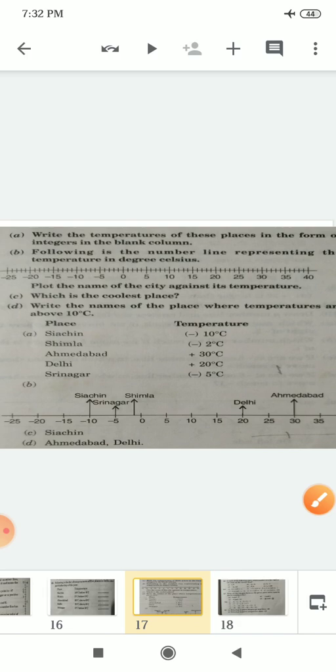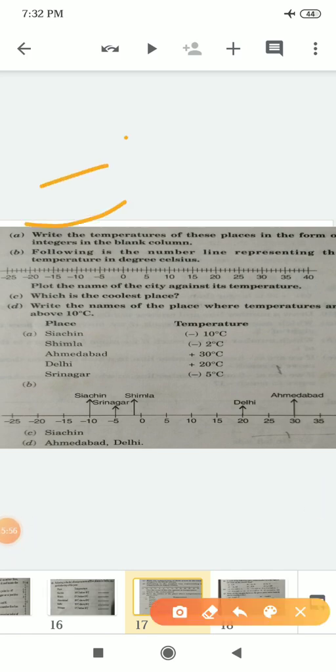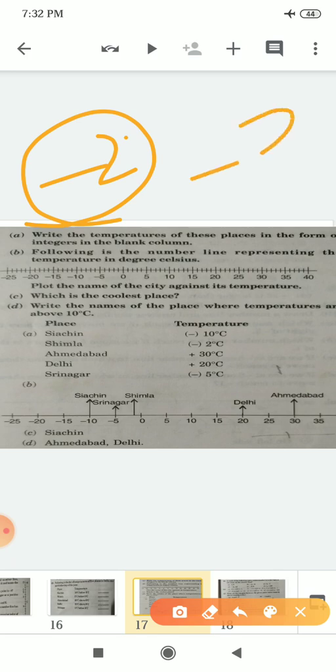Now we have question number C, which is the coolest place? See class, if a question is asked like which is the coolest place, what you have to write? Coolest means the one having the more negative number. It means the one having the negative sign will be the coolest place. And if two numbers are there, minus 2 and minus 3, which will be the coolest place?